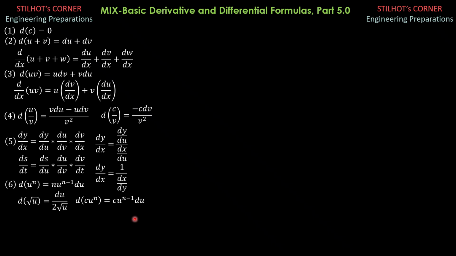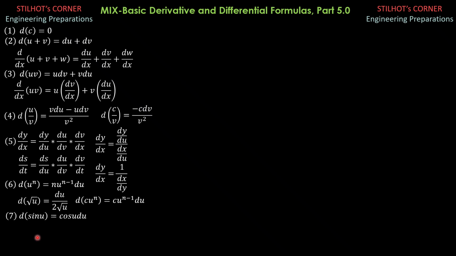Then we have trigonometric functions. The differential of sine of u is cosine of u du. The original derivation of this is based on limits. If y is sine of u, then you apply y plus delta y equals sine of quantity u plus delta u, and apply some formula.